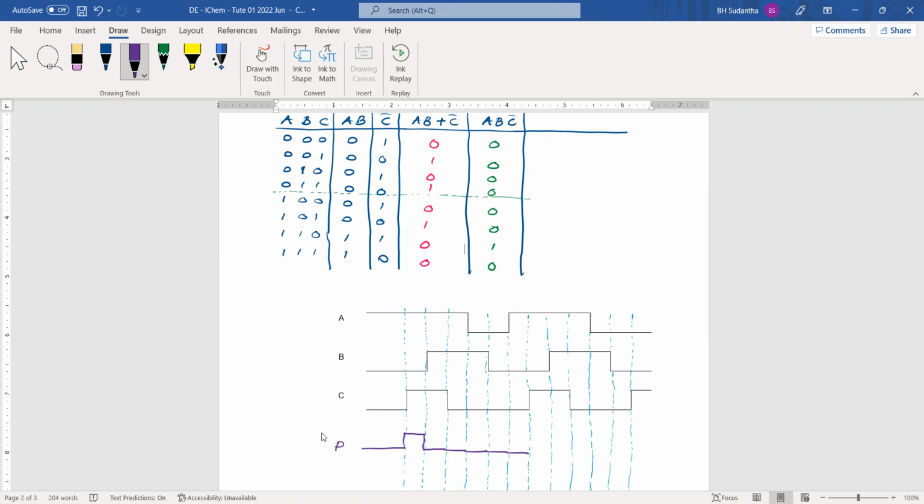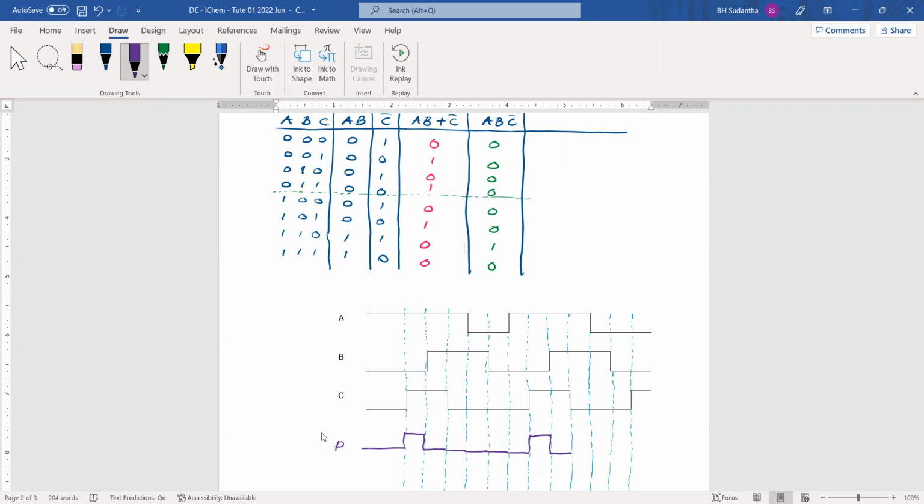This is 1, 0, 1, it's 1. Here, 1, 1, 1, again 1, 1, 1, 0.